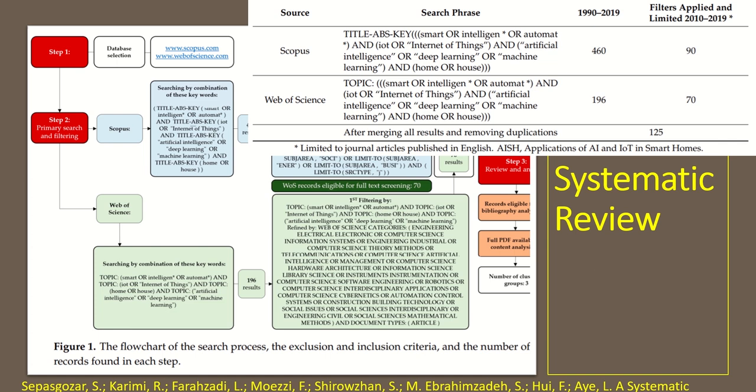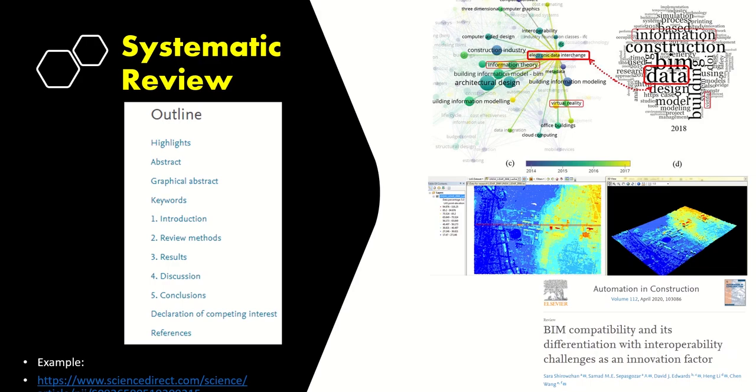All of those items can be considered when you want to conduct a systematic review. There is another example presented here. You can download this one and see this. There is the network analysis presented here, and this is based on VOS viewer software, for example, or maybe you can use different networking analysis software.